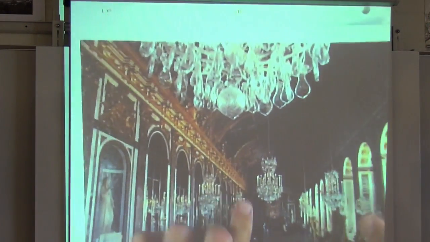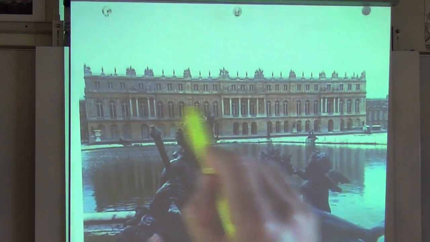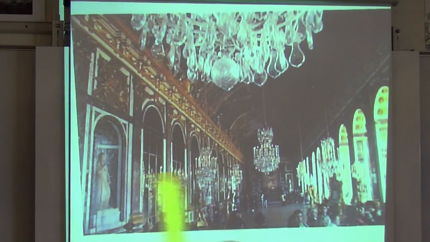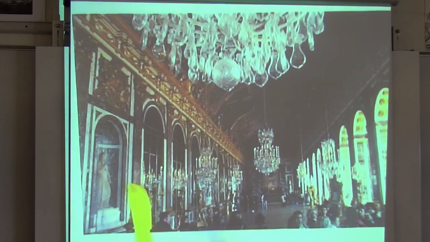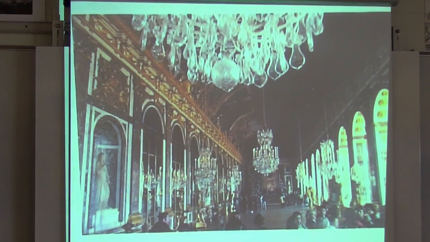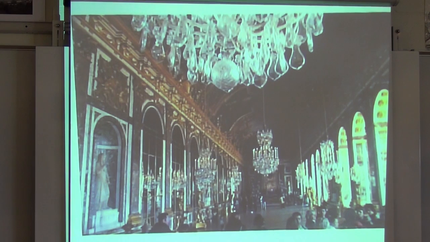Mirrors were a relatively new invention in the early 1700s. So Louis XIV, the Sun King, put mirrors on this side, and then the sun would shine in, and you would get all this natural light in here. Now, when you go through this room, it's obviously super impressive. Here's an even better picture of it if you would like.